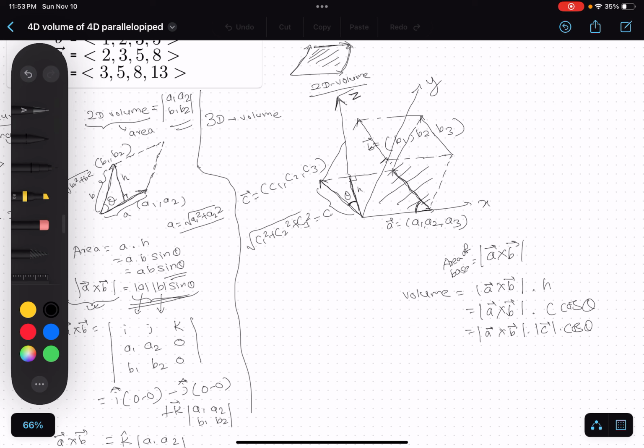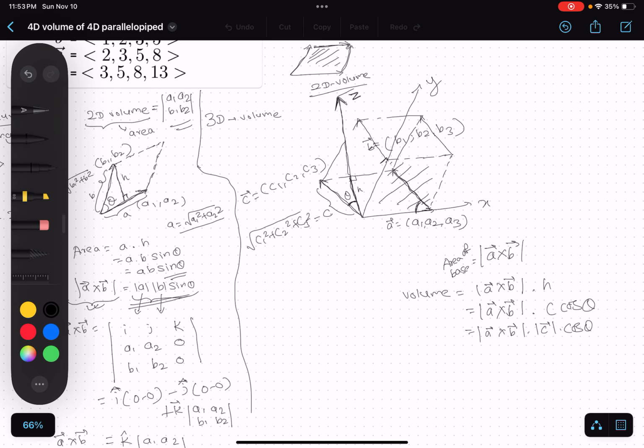And also notice that this a cross b vector will be pointing in this z direction, right? The a cross b gives a vector that is perpendicular to both a and b and whose magnitude is equal to the area of the parallelogram spanned by the a vector and b vector, right?